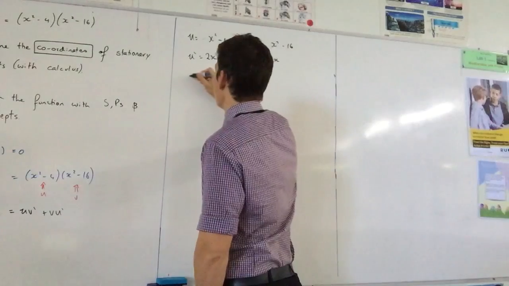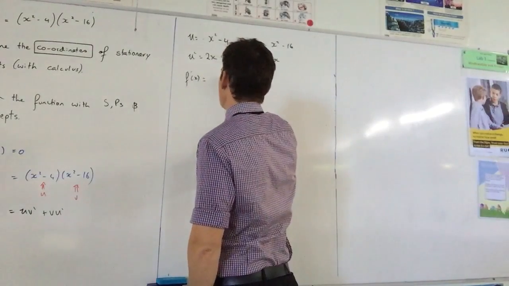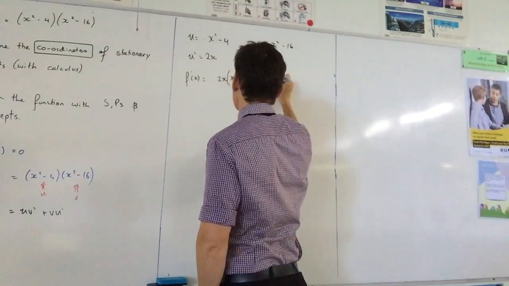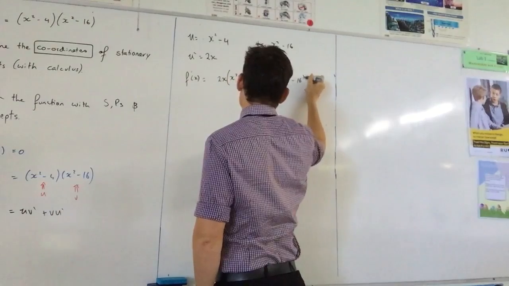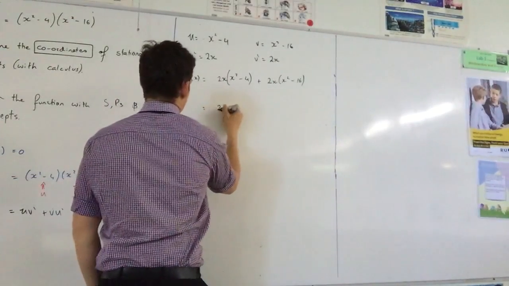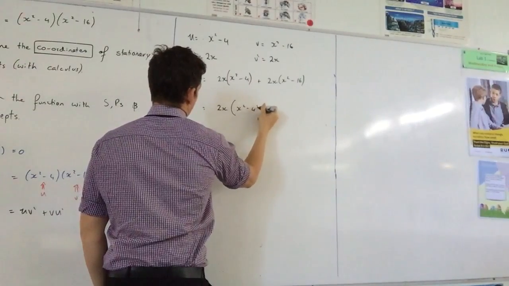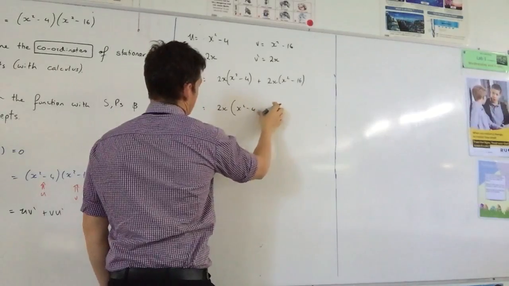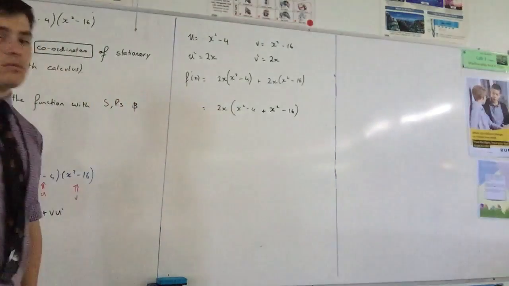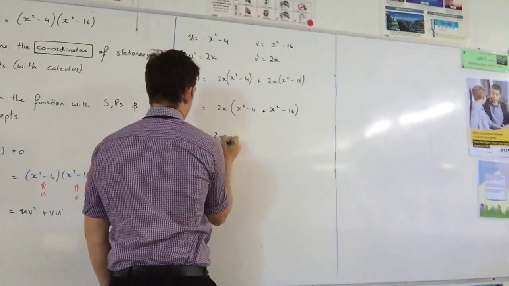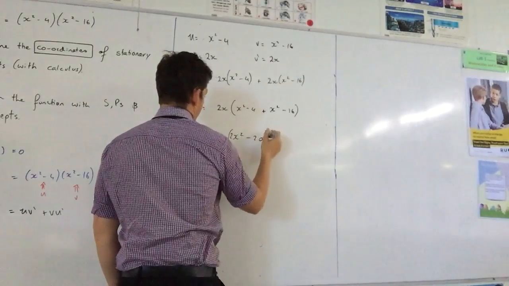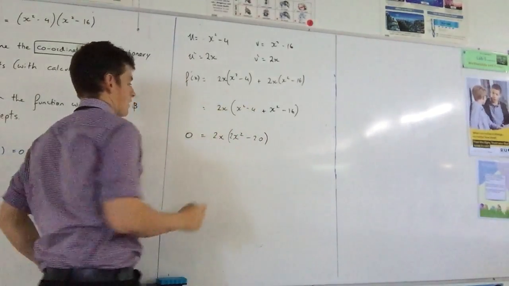That's convenient. f dash x therefore must equal 2x(x squared minus 4) plus 2x(x squared minus 16), which gets me, I'll take the 2x at the front, 2x times (x squared minus 4 plus x squared minus 16), which gives me 2x(2x squared minus 20). That equals 0.